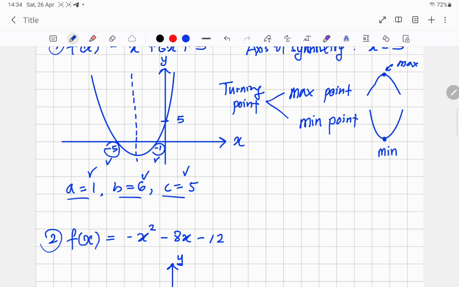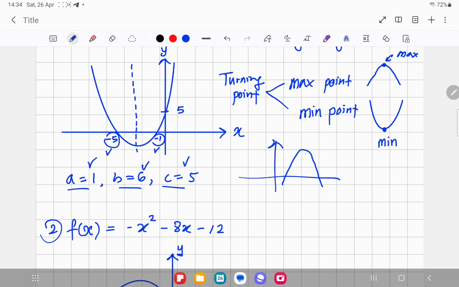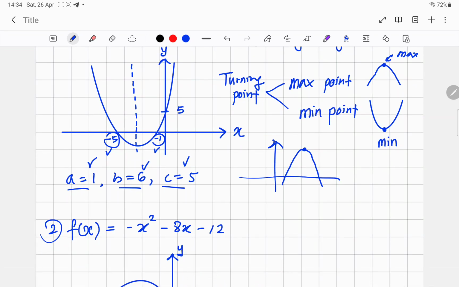So how do you differentiate max and minimum points? The maximum point is the top, the tallest, the highest point of the graph, so we call it maximum. Maximum means greatest, biggest. If the graph has a minimum point, it is at the lowest part, the lowest point of the graph, so it is called the minimum point.